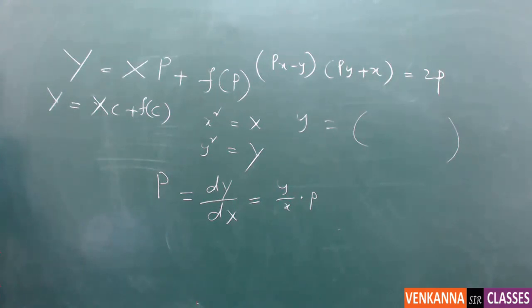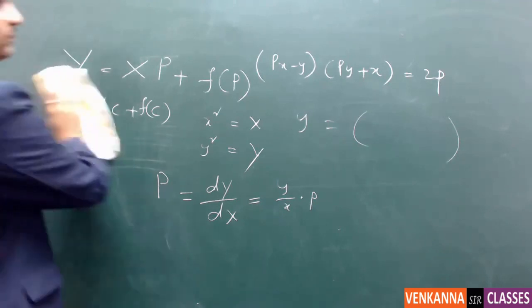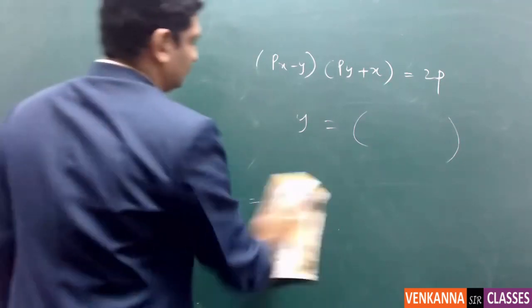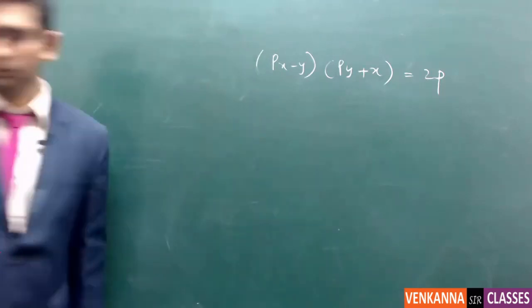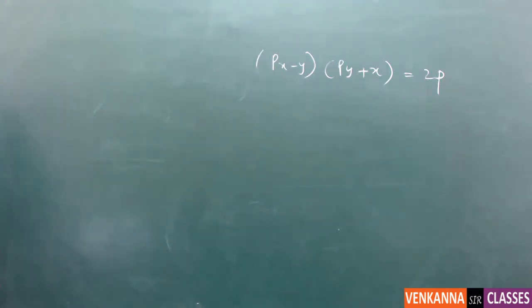Right. So in exam, we mention that we are using the transformations x square equal to X and y square equal to Y. And we have to write that capital P is equal to y by x into small p. Later on we go with the procedure. Let me go with it. So how to do the problem?